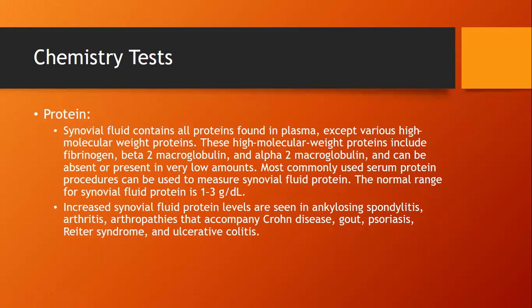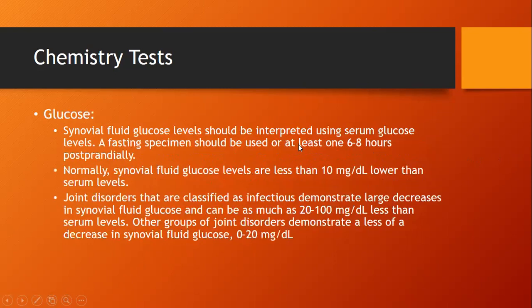They may be present, however, only in small amounts. The most commonly used serum protein procedures can be used to measure synovial fluid protein, and usually the range is less than 3 grams per dl. Increased protein levels are seen in ankylosing spondylitis, arthritis, or some other arthropathies that accompany Crohn's disease, gout, psoriasis, Reiter syndrome, and ulcerative colitis.